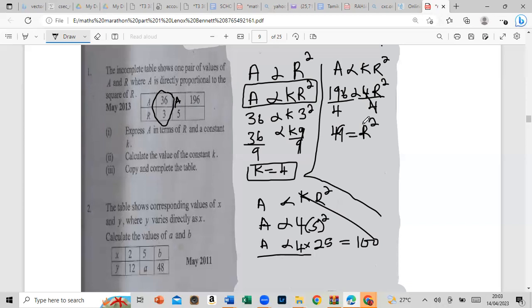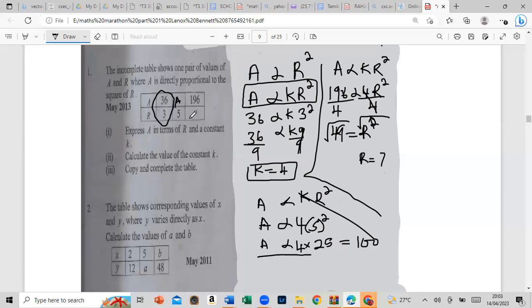What's the inverse of R squared? Square root. Yeah, the square root. All right, so we take the square root. So you see, guys, everything in maths is kind of related. So therefore, R is equal to the square root of 49, which is 7.